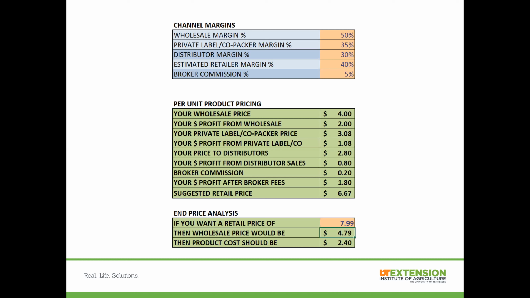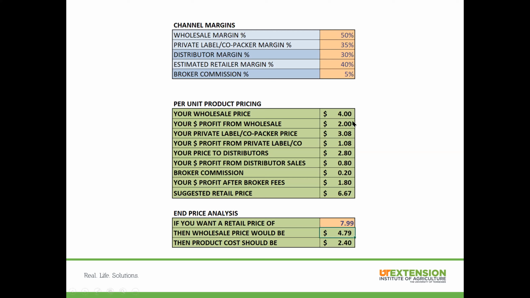So we can go into this part of the spreadsheet and change the wholesale margin. We said we have $2 per bag of cookies in our costs, in our ingredients and our packaging costs. If we're going to wholesale the cookies and we want a 50% margin, then whatever price we wholesale the cookies for, we want to keep 50% of that as our profit.